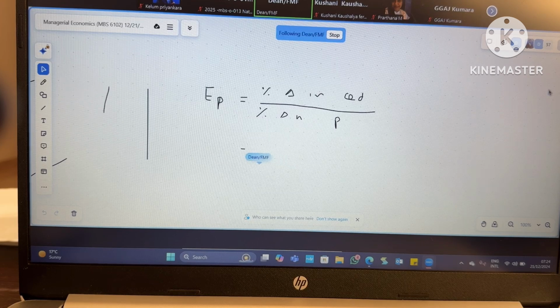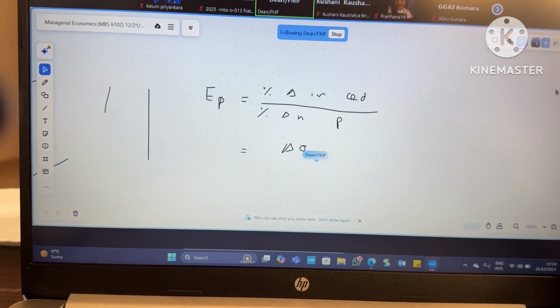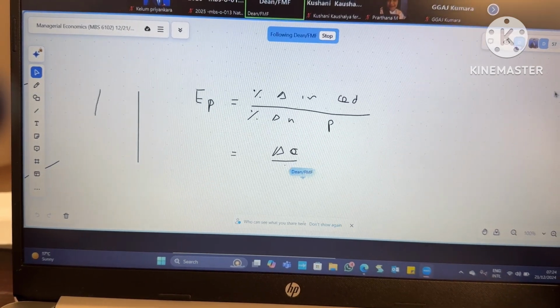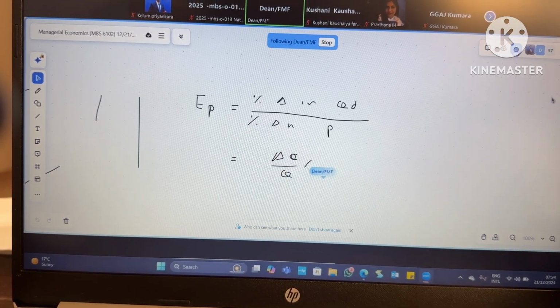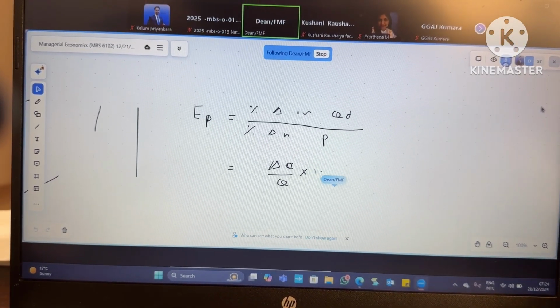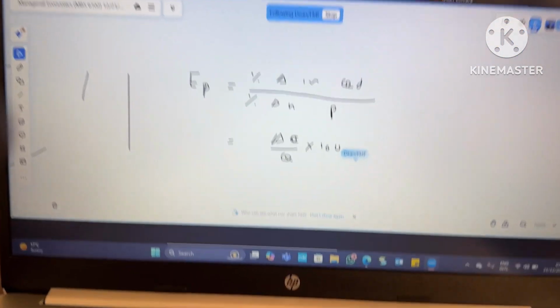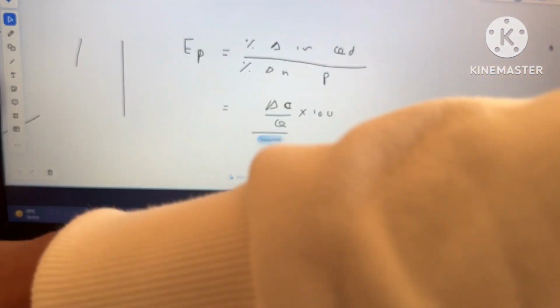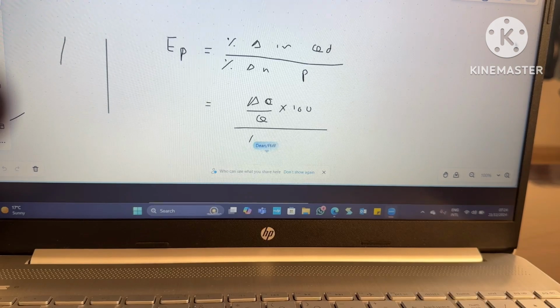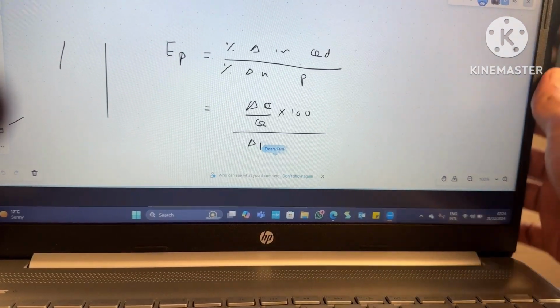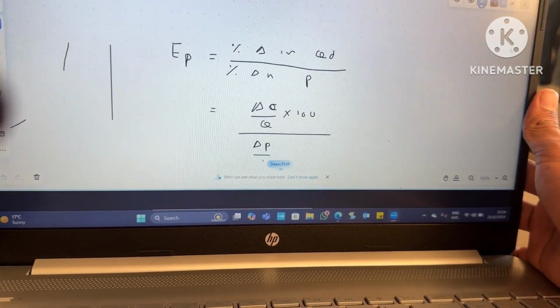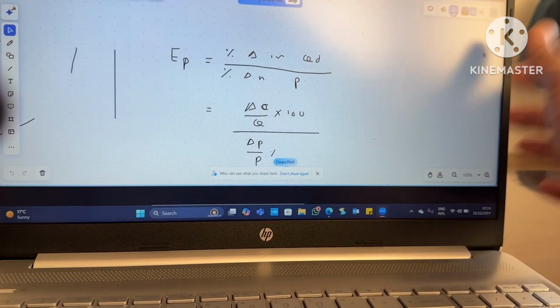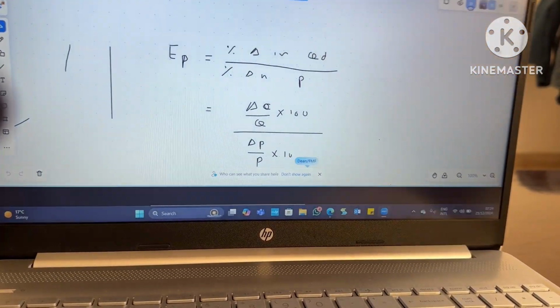Percentage change in quantity demanded you can calculate like this: change in demand over initial demand, and to convert it to a percentage, you multiply by 100. Similarly, percentage change in price is change in price over initial price, converted to a percentage value.